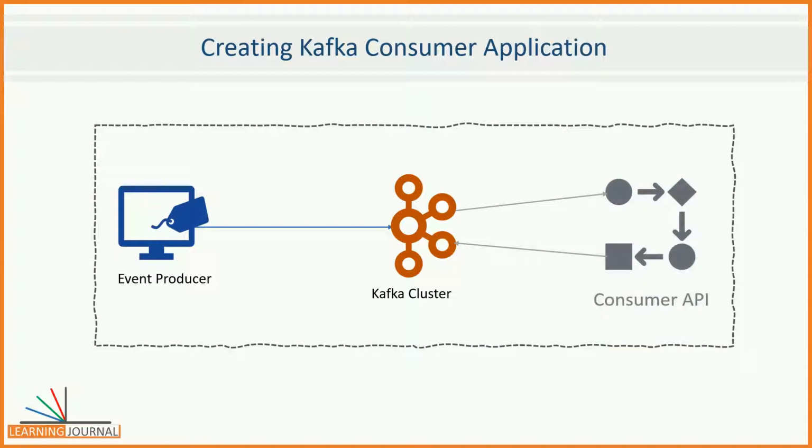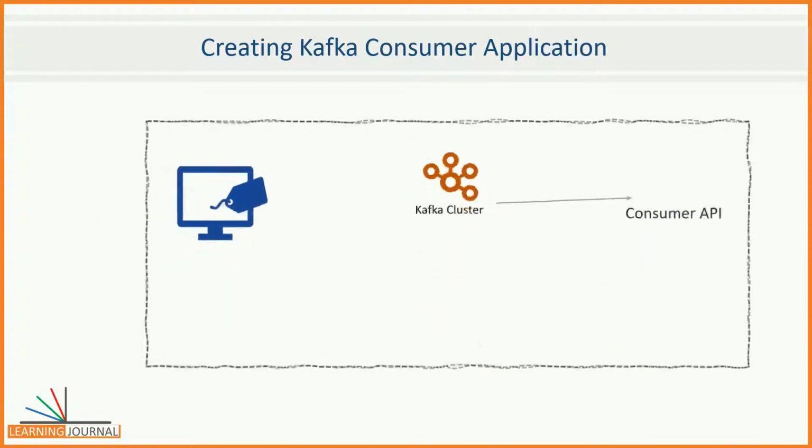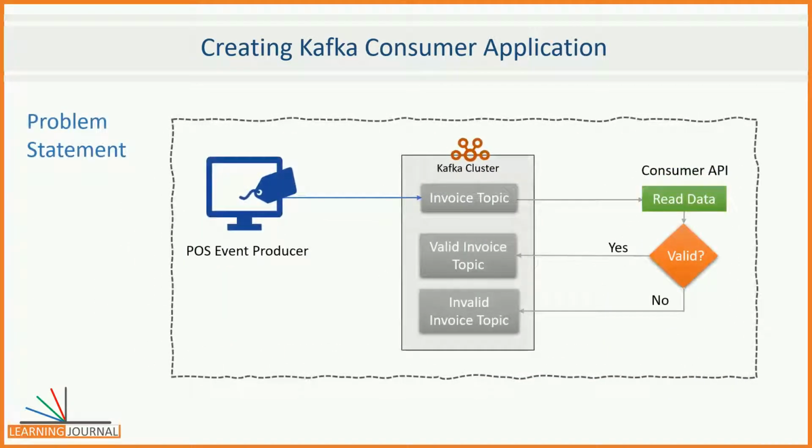Same as earlier, let's take a problem solution approach to learn Kafka consumers. So, here is my problem statement. In the earlier lecture, we created a POS simulator application that generates a series of invoices and sends them to a Kafka topic. Now in this example, we want to implement a miniature form of a real-time data validation service for invoices.